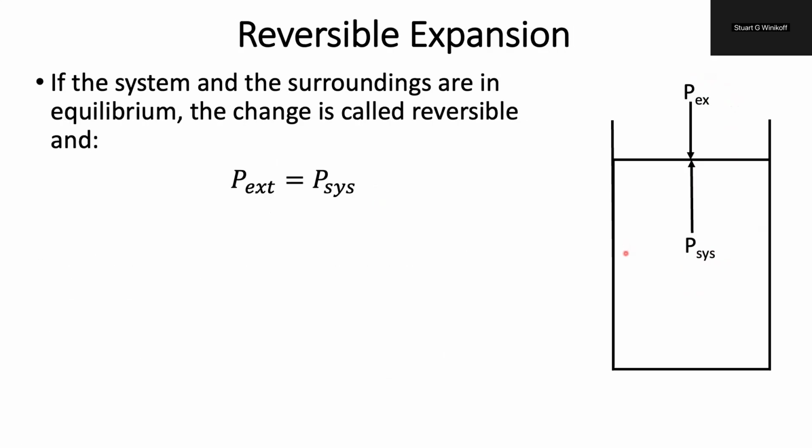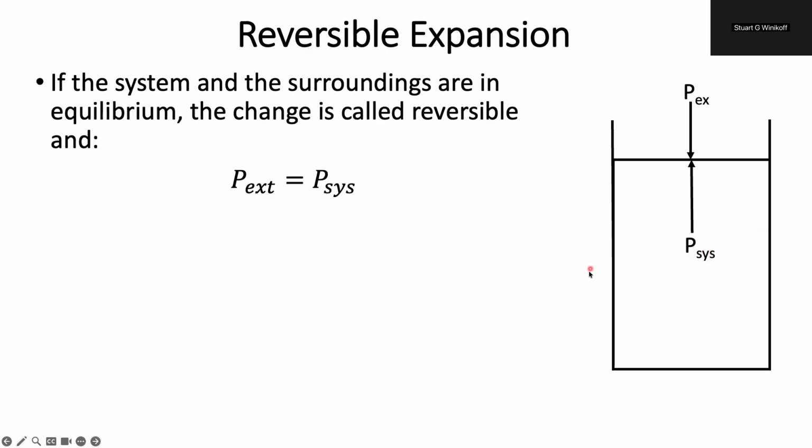So in these cases, this is called reversible because if the pressure of the surroundings and the system are equal, that means I don't have an amount of pressure either causing the system to expand or to compress. And it can go either way. And so at this point, the system is called reversible because it could expand or compress.